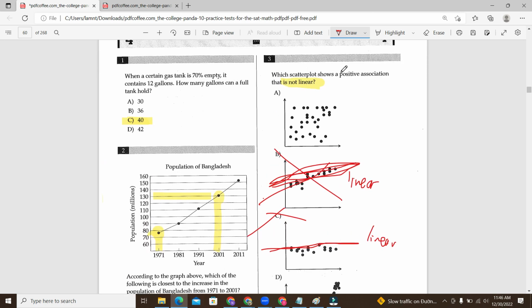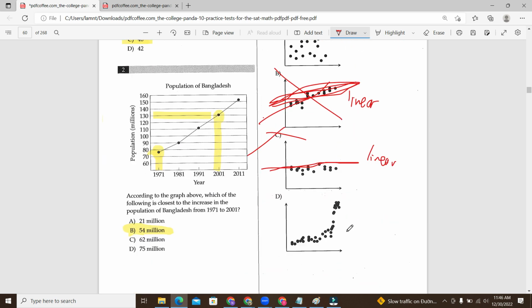Now we need a positive association, which just means that the points form a kind of graph, and you can see this is kind of an exponent graph. So there's an association in the data between x and y.